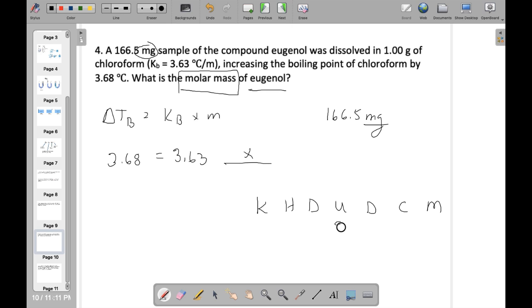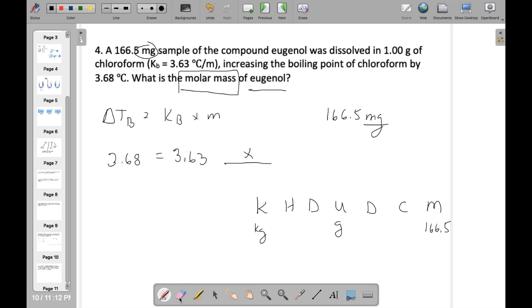Our units are grams. We need kilograms. Right now we have milligrams. We have 166.5 milligrams. So how many times do I have to move the decimal place here? I have to move it 1, 2, 3, 4, 5, 6. That seems like a lot.